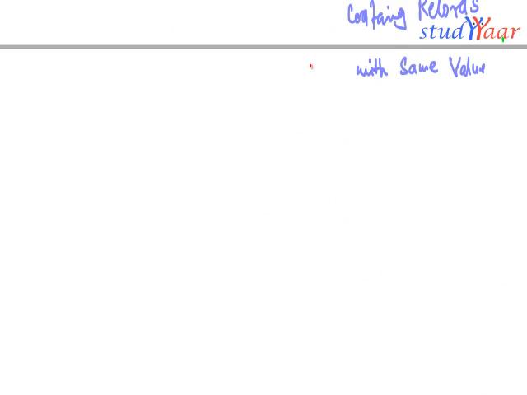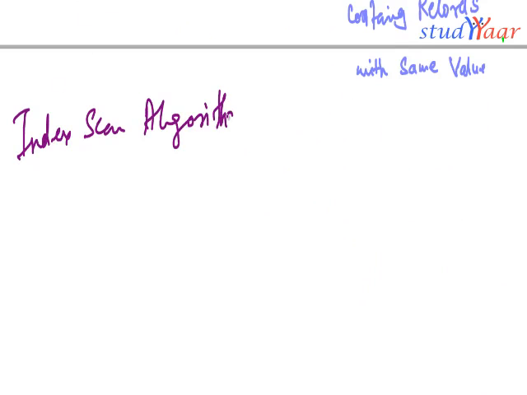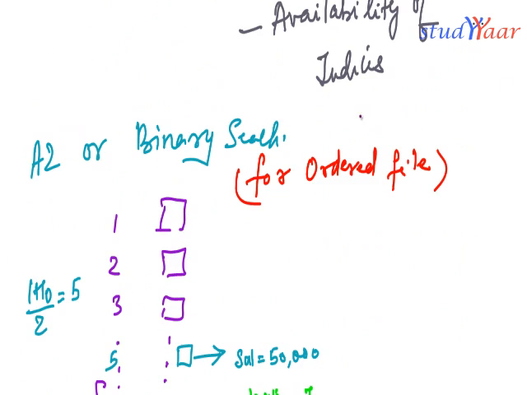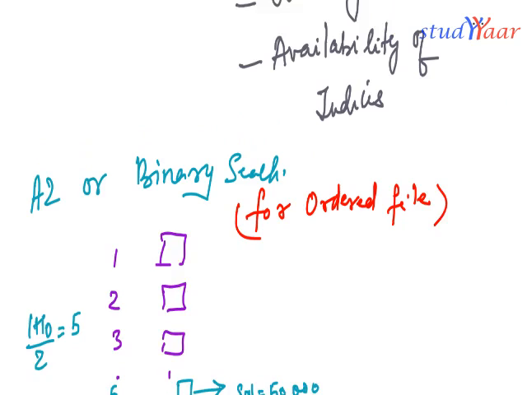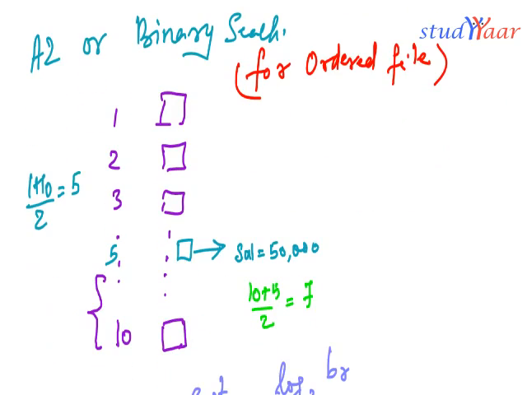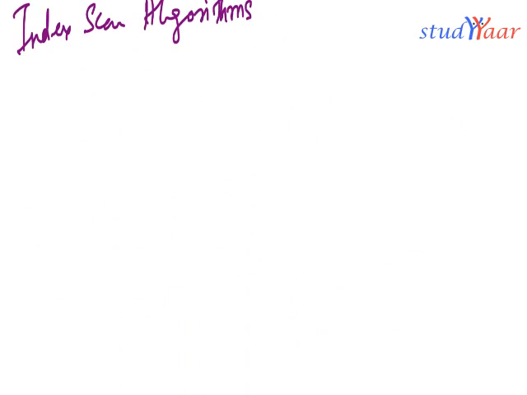Next we are going to look at index scan algorithms. But before that, just keep in mind that my binary search can only work with an ordered file. The file has to be ordered with respect to the search attribute. Now the index scan algorithms.